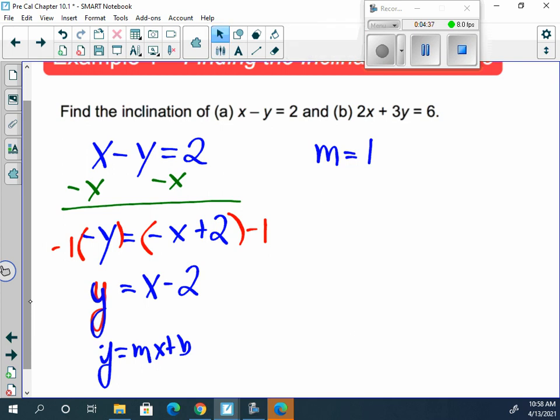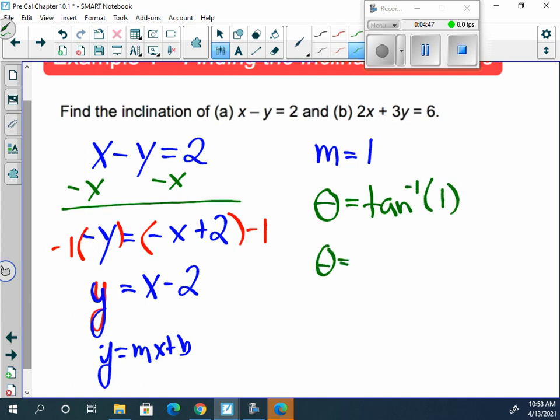So since m is our slope, our angle of inclination, theta, is equal to tangent inverse of 1. And tangent inverse of 1 is 45 degrees, or if we have it in radians, we can convert that into pi over 4.